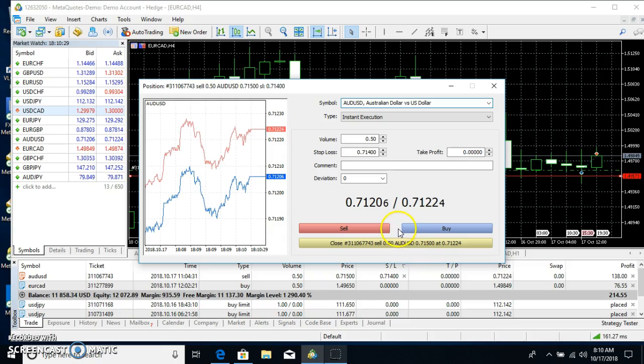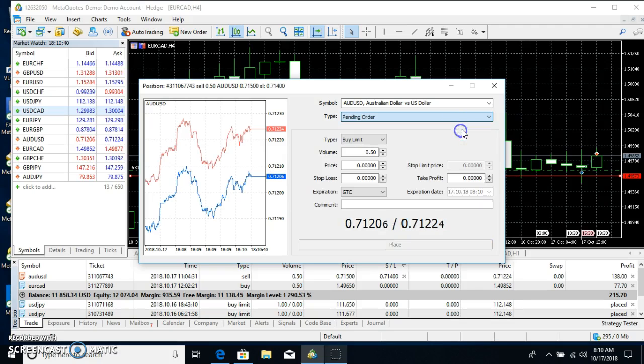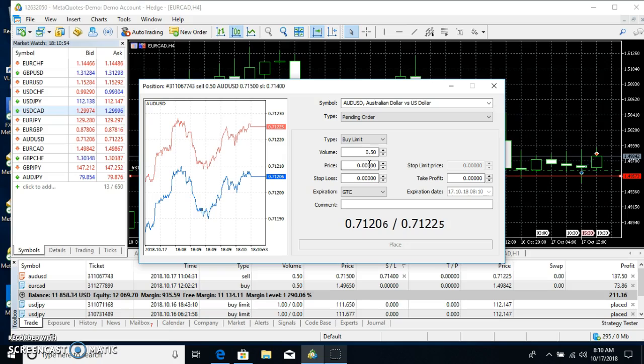It says 0.7122. So now I'm going to change the pending. So I'll do the, it says 71.20. Pending order, I'll do it at stop loss at 71.40.